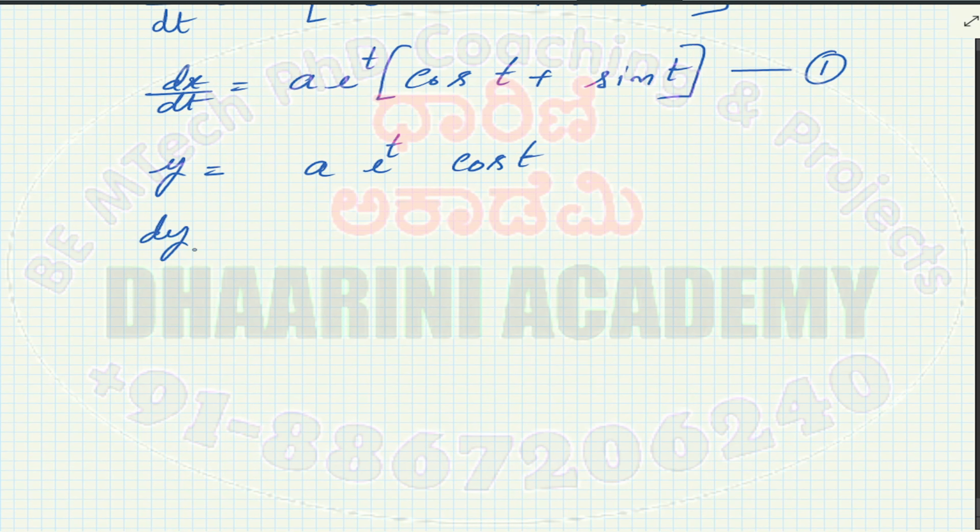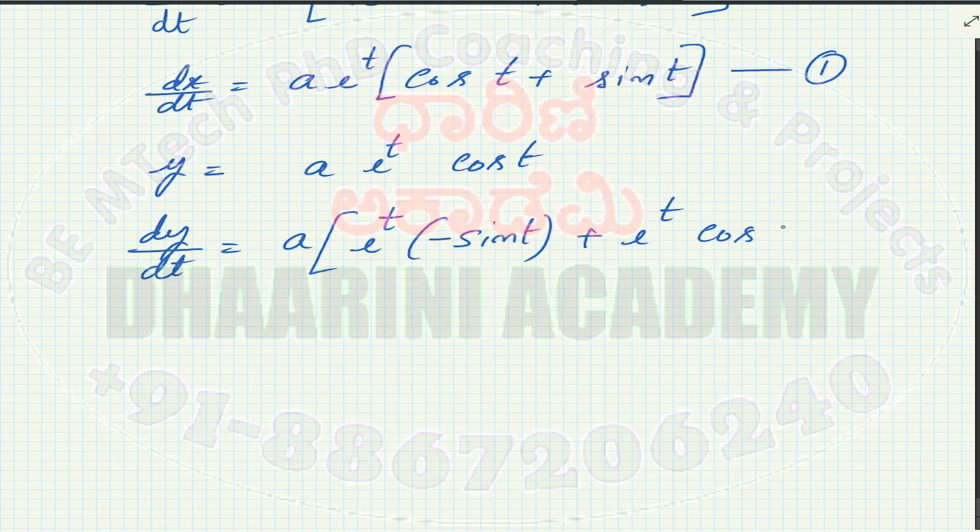So perform dy by dt. So dy by dt is nothing but a is a constant, we'll keep it out. This is e to the t, first function as it is, differentiation of cos t is minus sine t, plus e to the t differentiation is e to the t, and second function as it is, which is cos t.